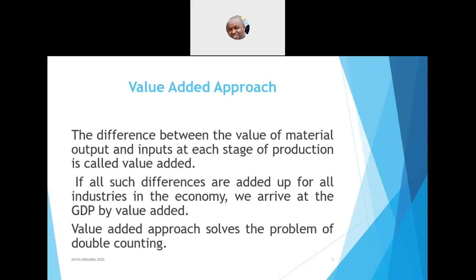It is the contribution of an enterprise to the current flow of goods and services, and it is calculated as the difference between value of output and value of intermediate production.